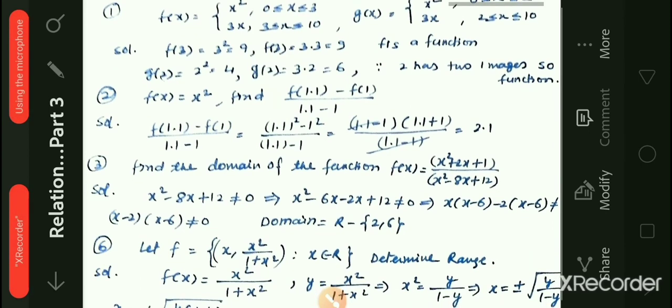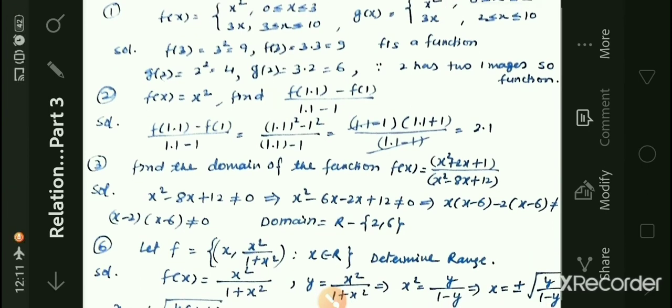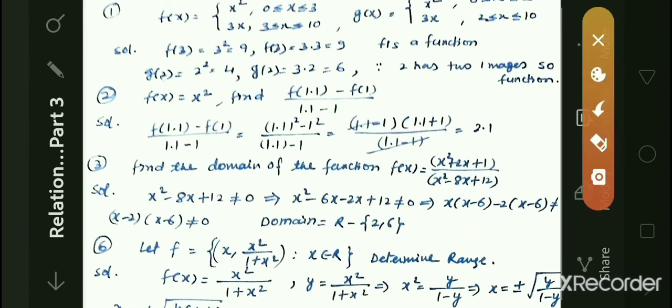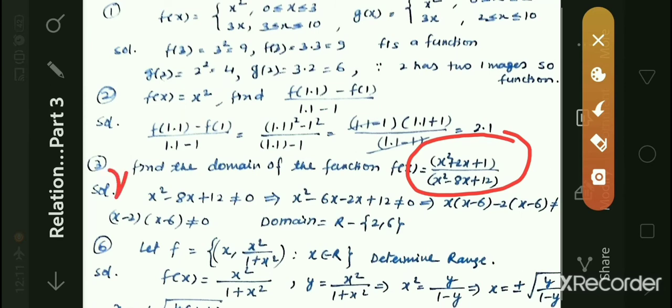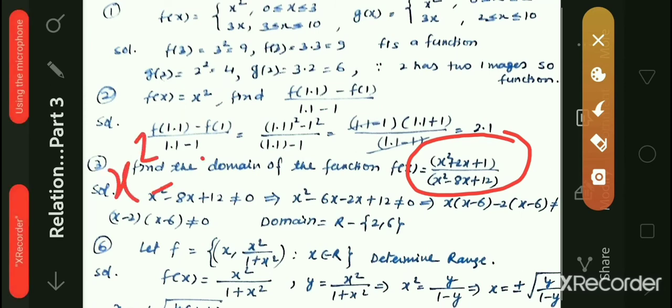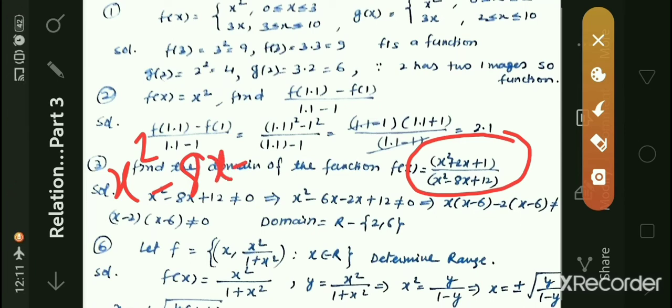Now question number 3. Find the domain of the function f(x) is equal to (x square plus 2x plus 1) divided by (x square minus 8x plus 12). As you know, the domain consists of those points at which the function is defined. Now this function will be defined everywhere except at those points where the denominator becomes 0.